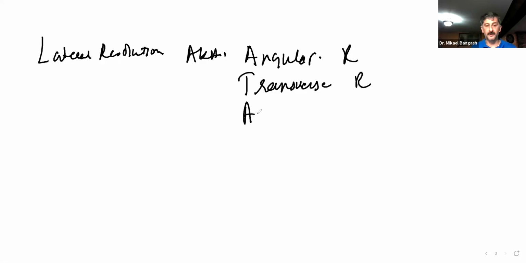Or it can also be known as azimuthal resolution. These are all different terms that can replace the term lateral resolution in the text, in the question, or in the discussion.